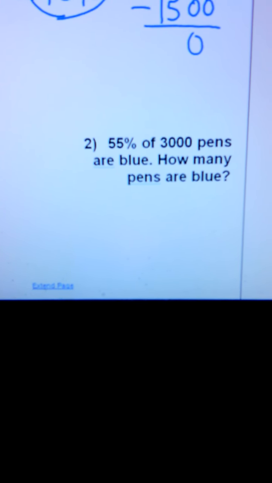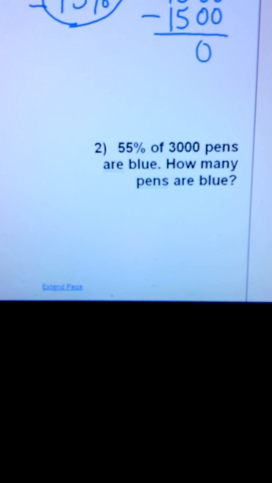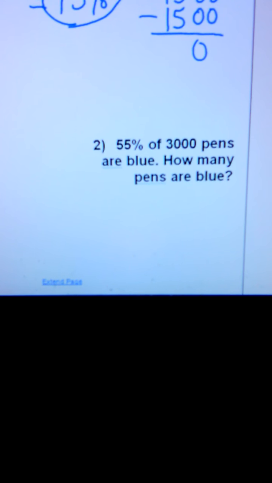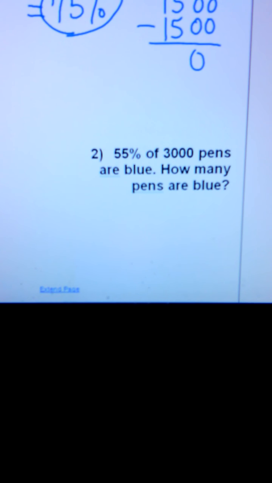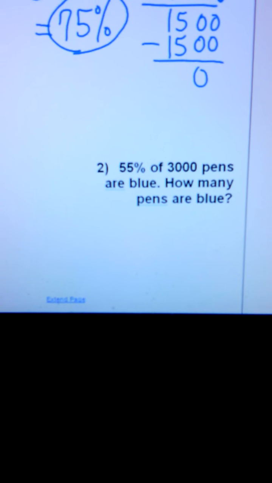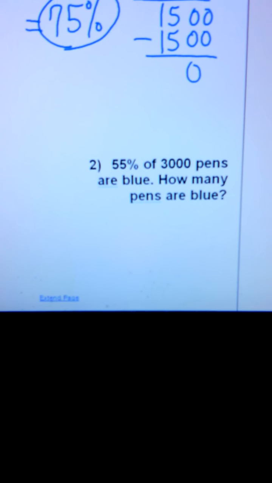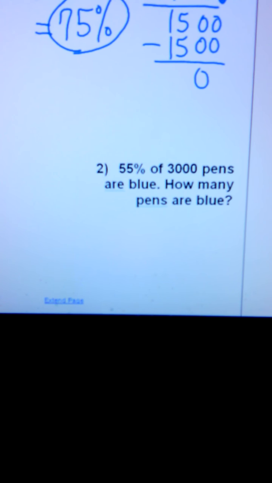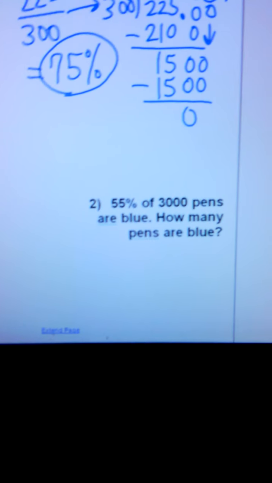Question 2. 55% of 3,000 pens are blue. How many pens are blue? For this problem, let's do a partial translation. If you use the translation method, you must change your percent into a decimal.